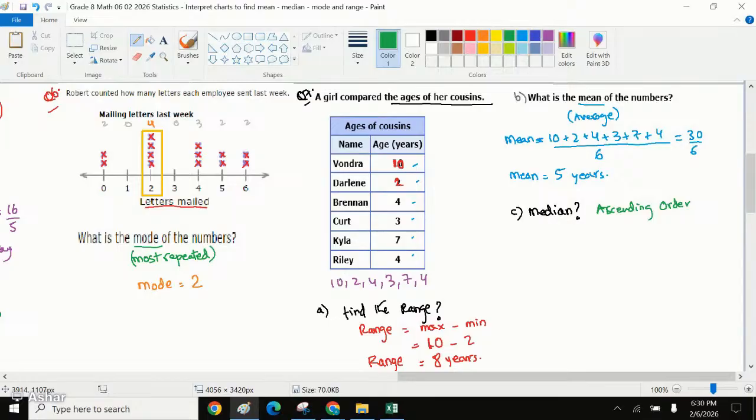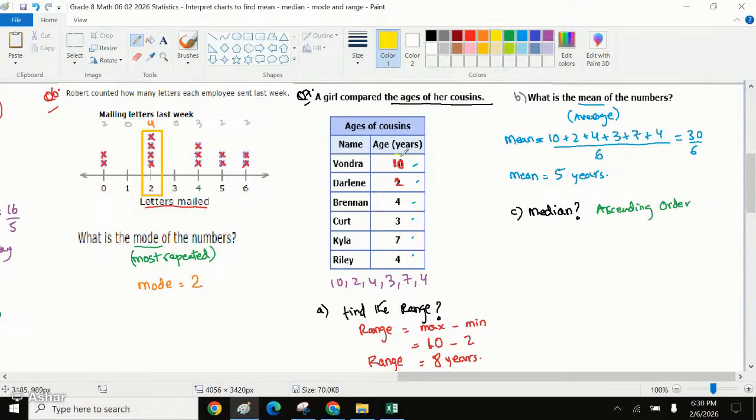Okay? Do we agree, Nathan? Okay. Let's look at the median. Yeah, the total sum is 30, right? And when we divide 30 by 6, why are we dividing it by 6?